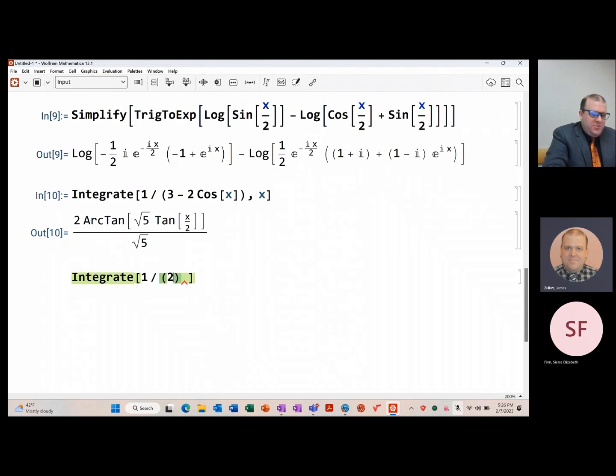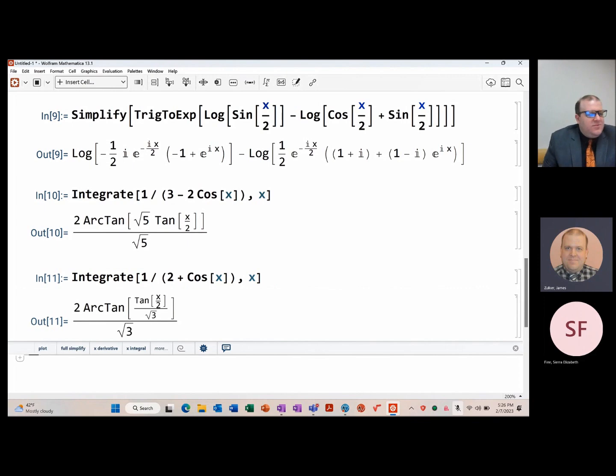1 over 2 plus cosine of x with respect to x. The previous one, my calculator, in addition to the answer up there, in the numerator, it has minus mod of x minus pi, comma, 2 times pi plus x.